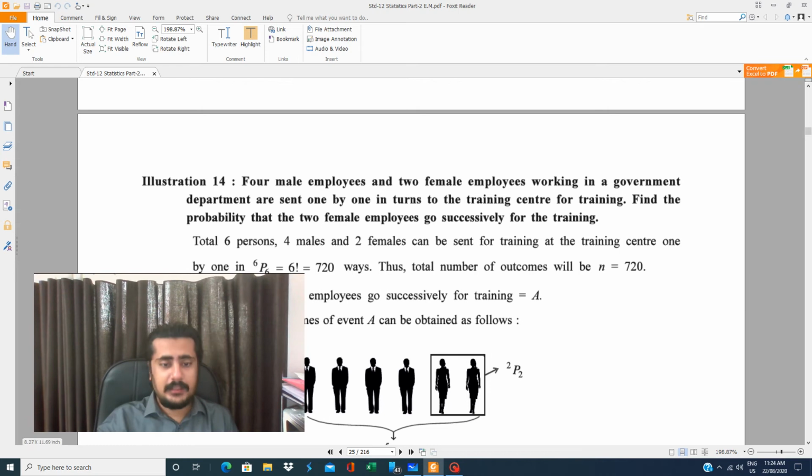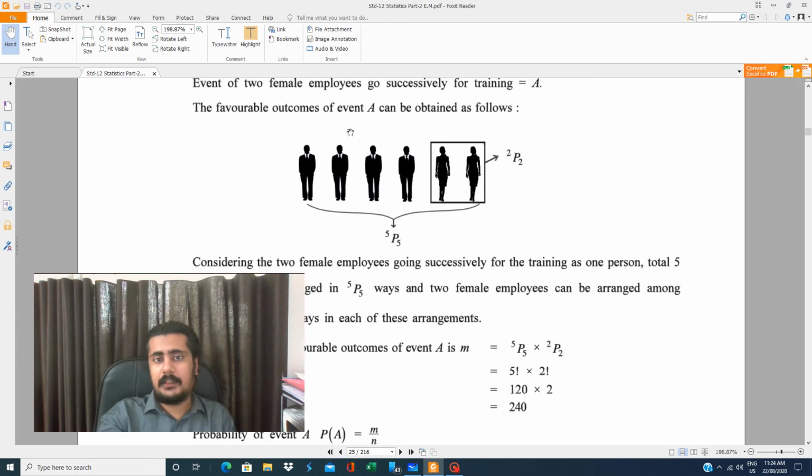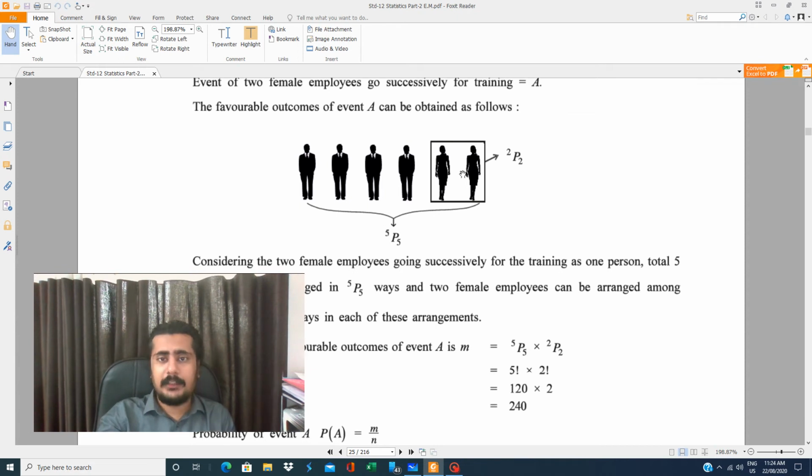You can see there are four male employees and two female employees. They asked that the two females should go successively, that means one after another. There are only five persons, so it's 5P5, and the two women can interchange, so it's 2P2.